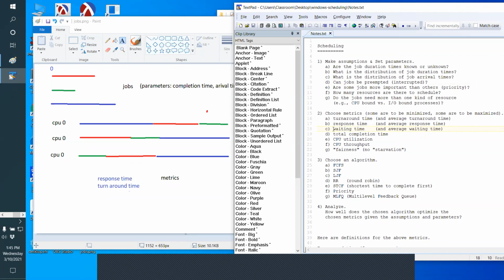So wait time would be the same as response time if you didn't have preemption, because once you start checking out, you don't wait any longer. The response time would be until you start checking out, and the wait time would be until you start checking out. But if you were allowed to be preempted while you're checking out, your checkout is stopped and somebody else is checked out.